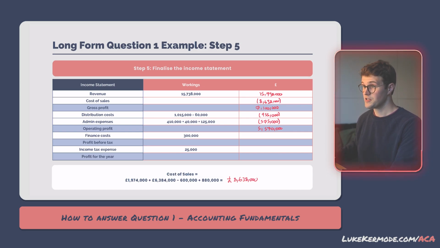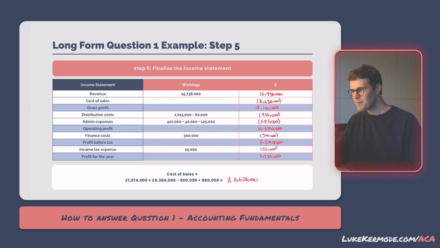We subtract finance costs of 300,000, which gives us a profit before tax of 5,270,000. And next we deduct our income tax expense of 25,000, which gives us a net profit for the year of 5,245,000.